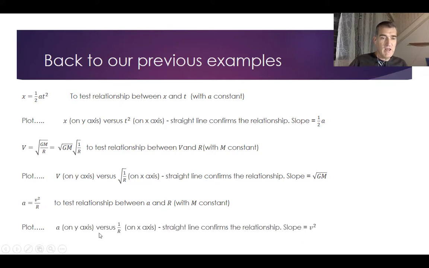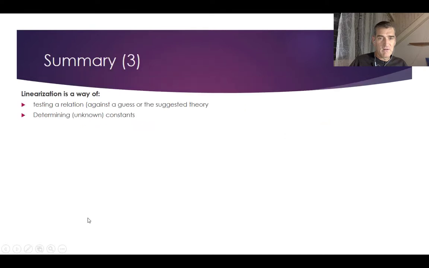Yeah, you'd plot a on the y-axis versus 1 over r on the x-axis, because this is of the form y equals mx plus c, where y is a, m is v squared, x is 1 over r, and c is 0. In physics we're nearly always dealing with just y equals mx, and we don't normally have an mx plus c format. As it says here, the slope would then be v squared.